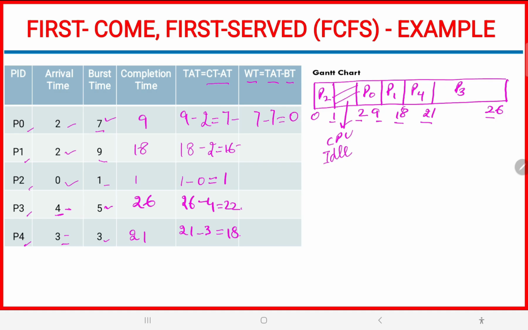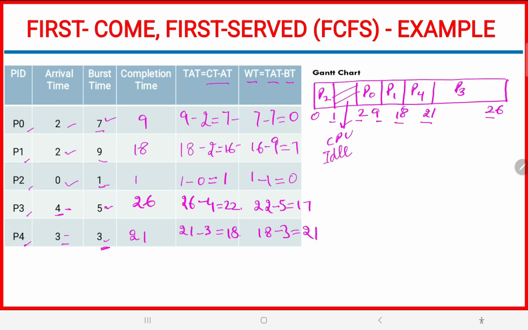For P1, the turnaround time is 16 minus burst time 9, so this comes out to be 7. Then for process P2, the turnaround time is 1 and its burst time was 1, so 1 minus 1 comes out to be 0. For P3, it is 22 minus its burst time 5, which comes out to be 17. Then for P4 we have 18 minus 3, so this comes out to be 21.